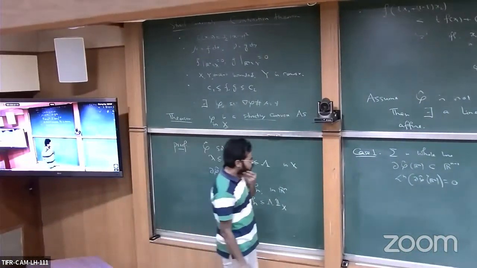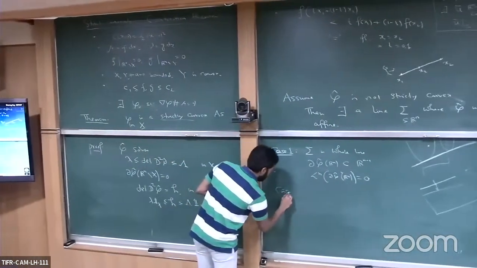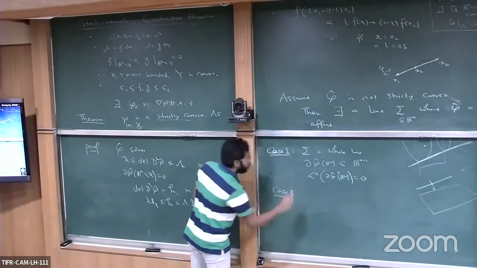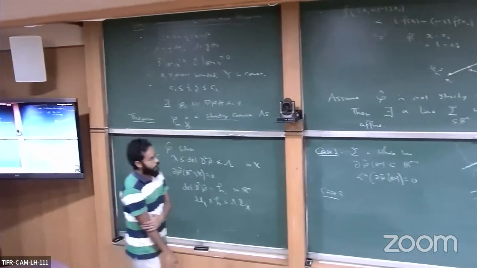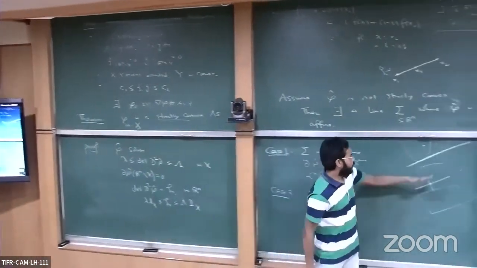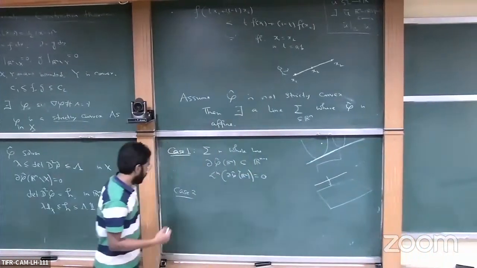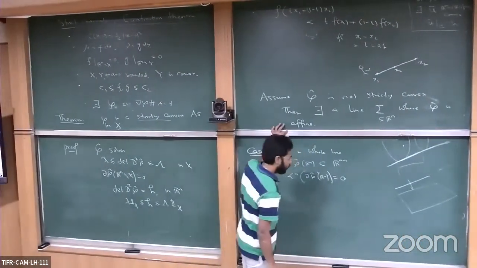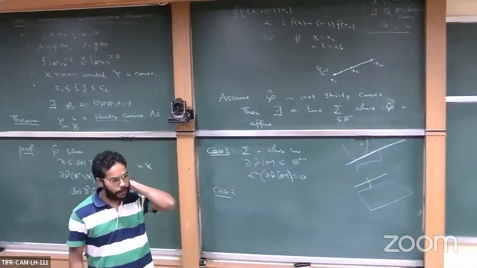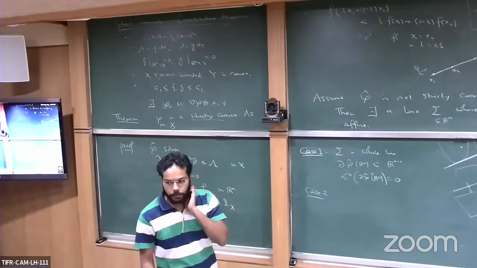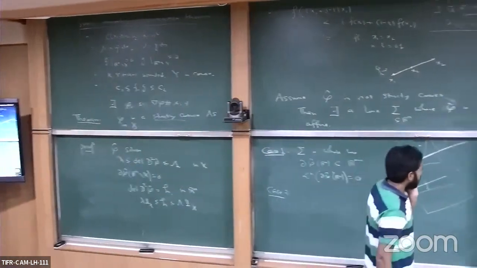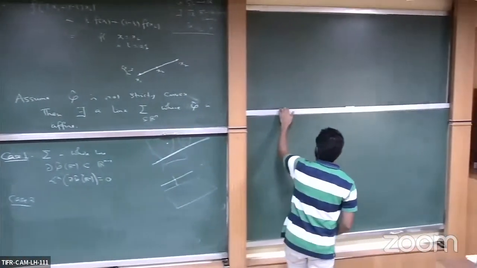The second case is case 2. If it is not an infinite line, then it must have an exposed point. Okay, so I think we haven't said anything about exposed points, right? So let me just recall what we mean by an exposed point.